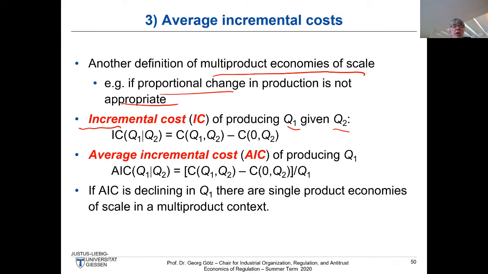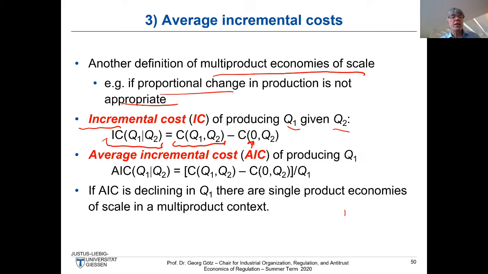So again, the incremental cost of producing a Touareg if you already produce a Golf. What are the incremental costs? These are the total cost if you produce both the Touareg and the Golf, minus the cost if you produce only the Golf, that is nothing of the Touareg. So this gives you the incremental, the additional cost, and this is defined like this here, as a function of Q1 for a given value of Q2.